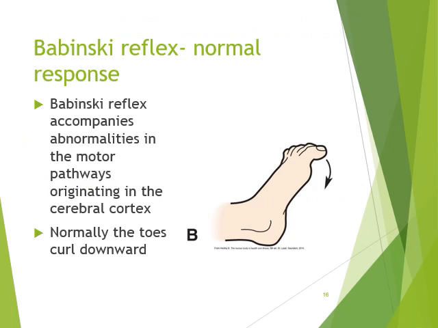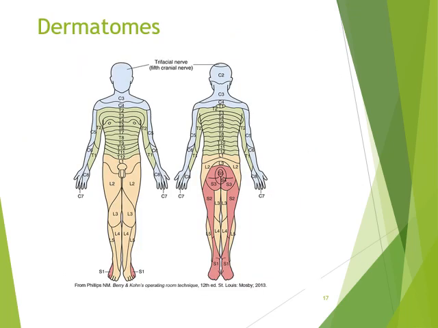Now this, I know I did this special. This is a picture of the dermatomes I promised you, which is also on page 359. It shows you the area of the skin that a particular nerve root innervates.